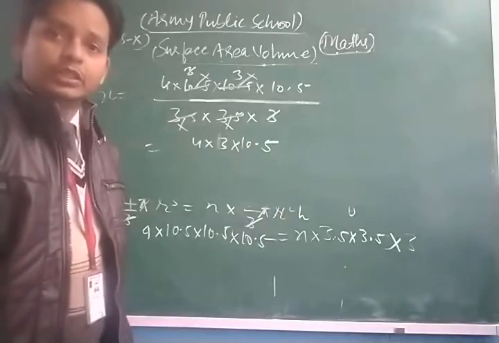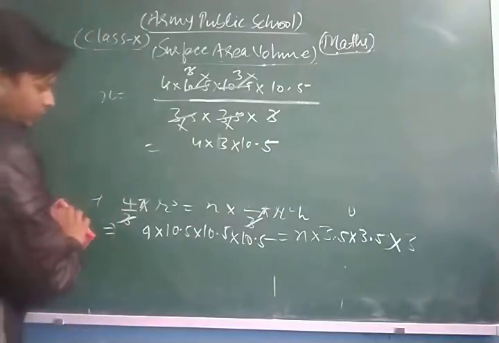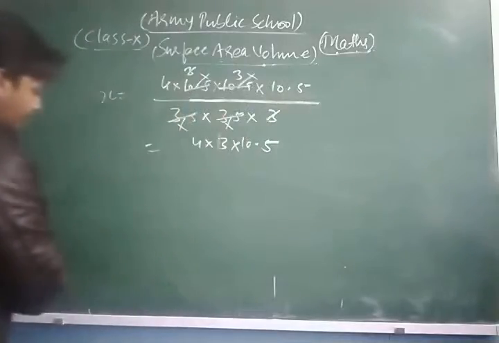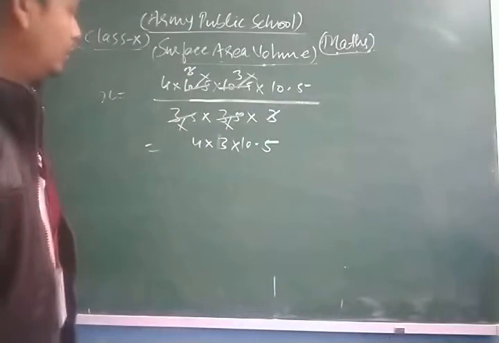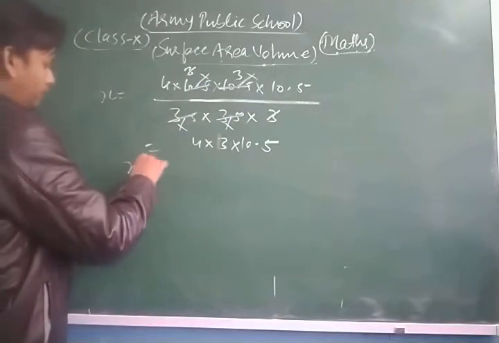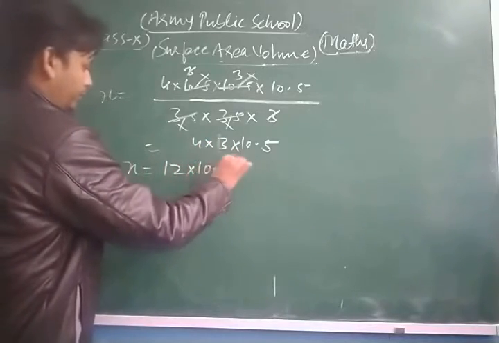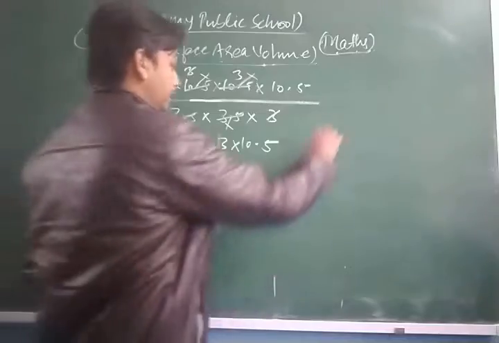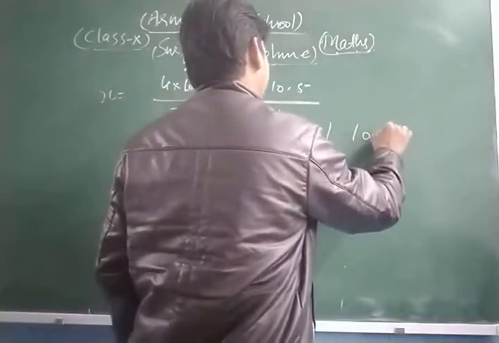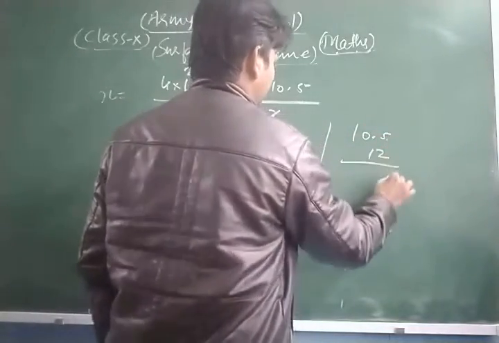Now we just multiply them, dear friends. So the number of cones so formed is 4 threes are 12, into 10.5. Now we multiply them: 10.5 into 12.